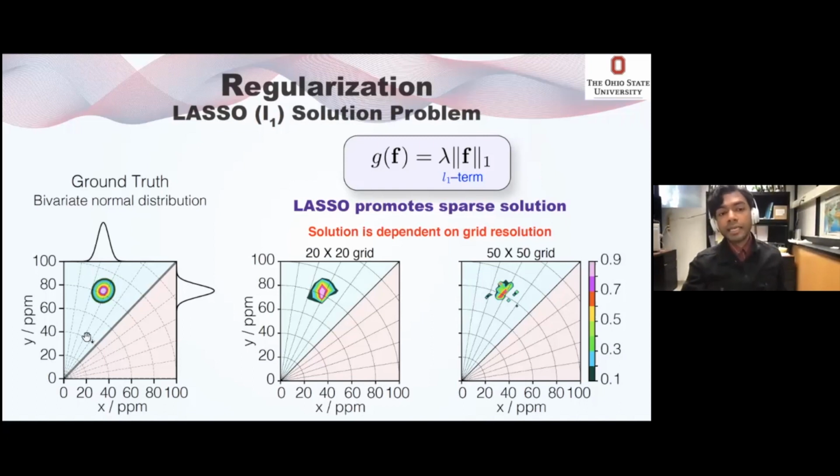But if I take the same distribution and bin it on a high resolution grid, then that distribution is no longer sparse. So what you see here in the LASSO term is, depending on the grid size, you still get a sparser solution, but that solution is not consistent with what our original probability distribution was.